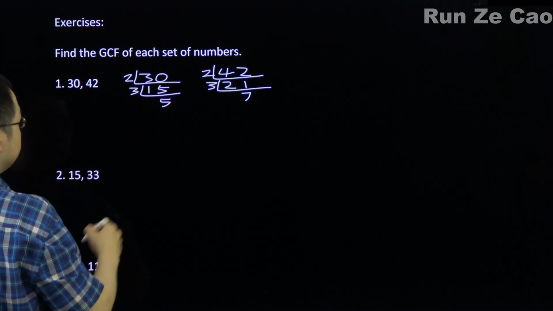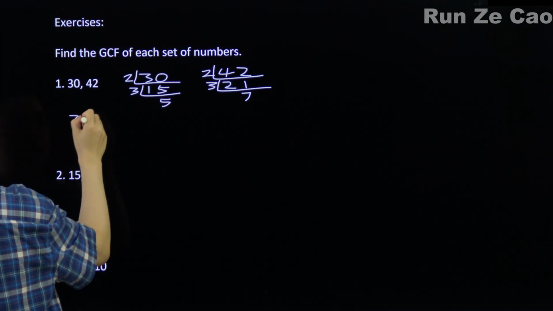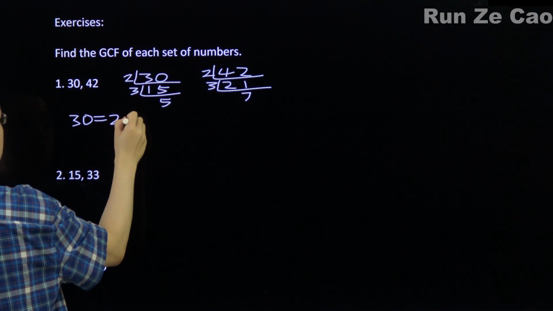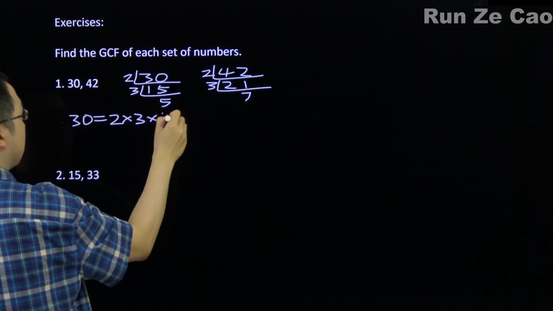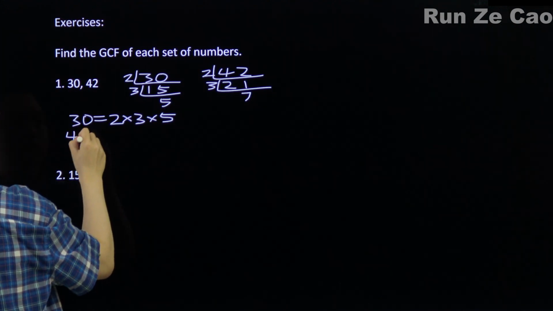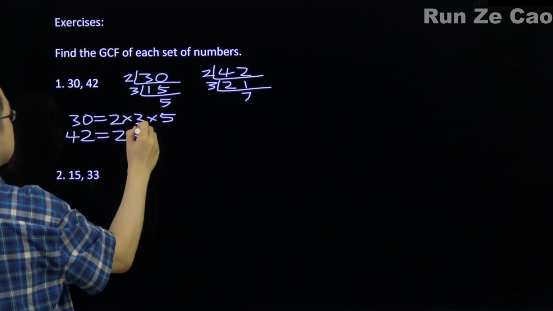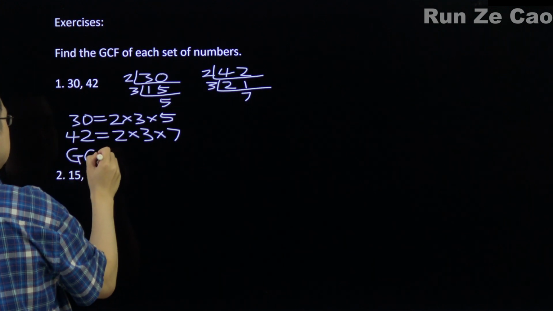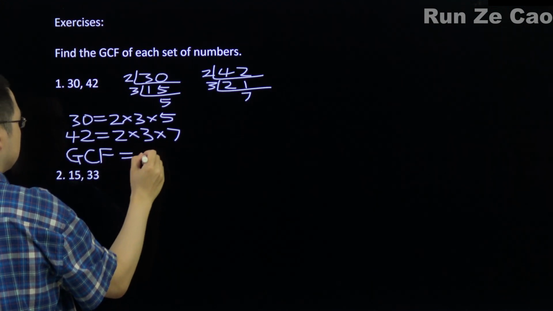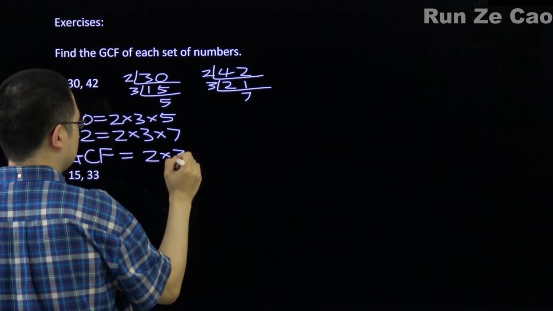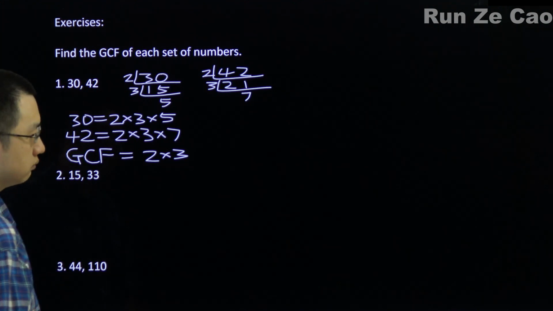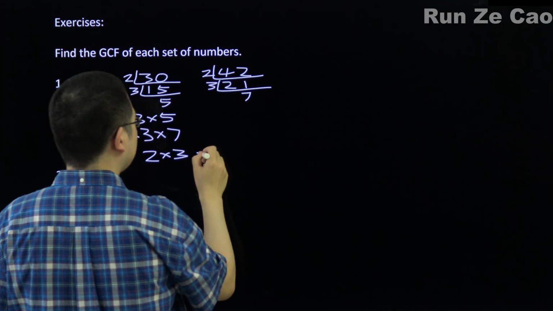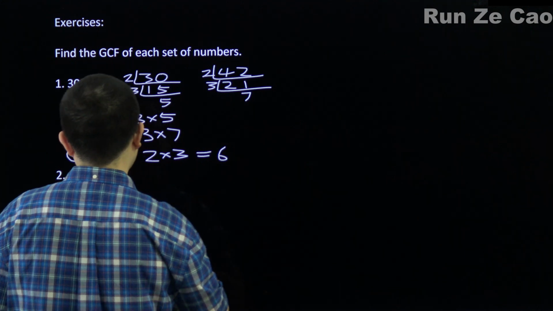So 30 equals 2 times 3 times 5. 42 equals 2 times 3 times 7. GCF is equal to 2 times 3. Or if a numerical value is insisted upon, 6.